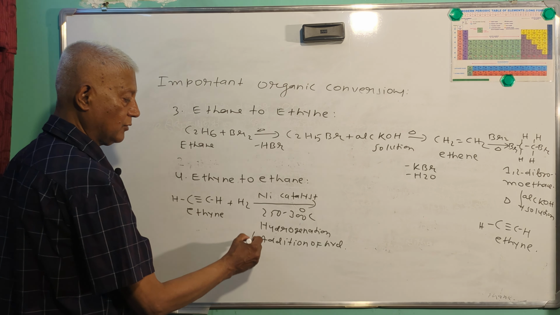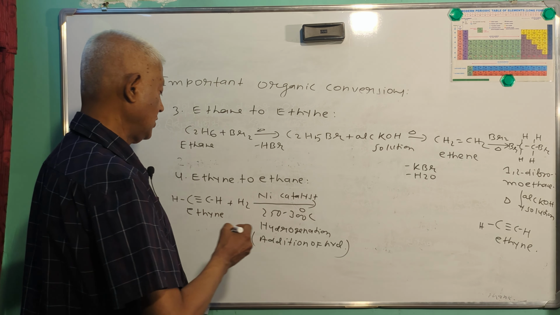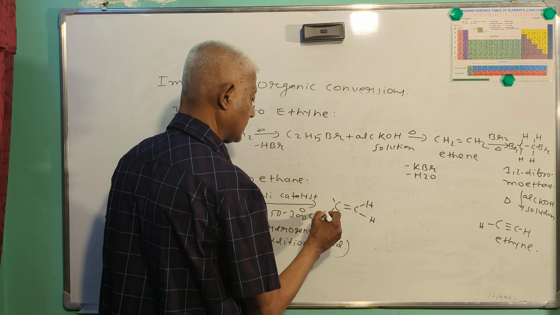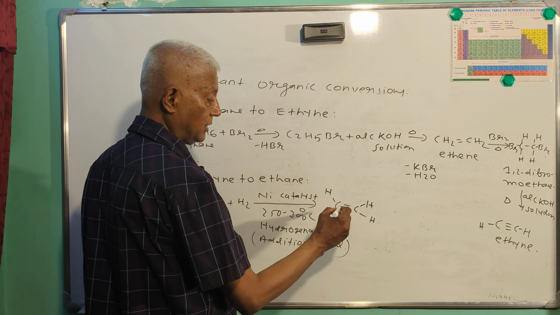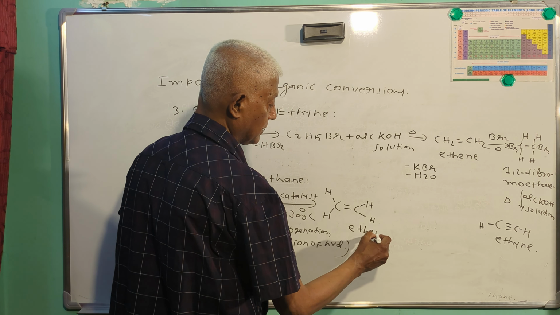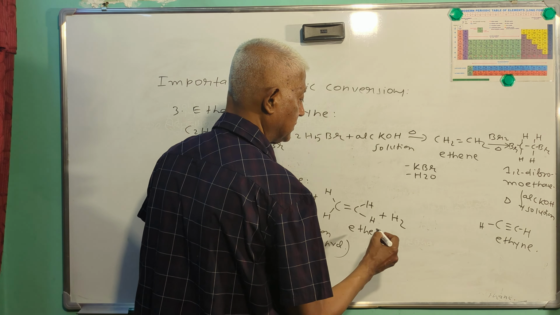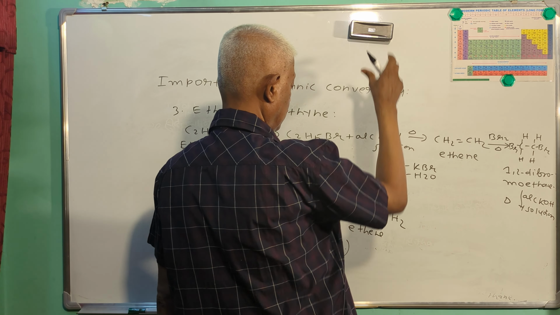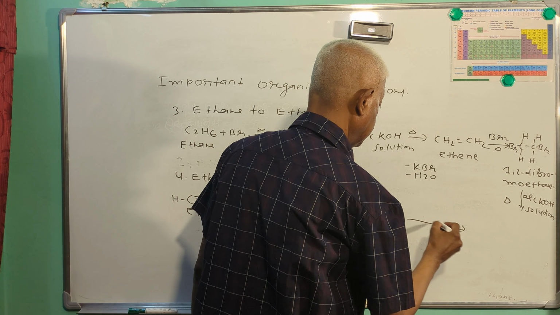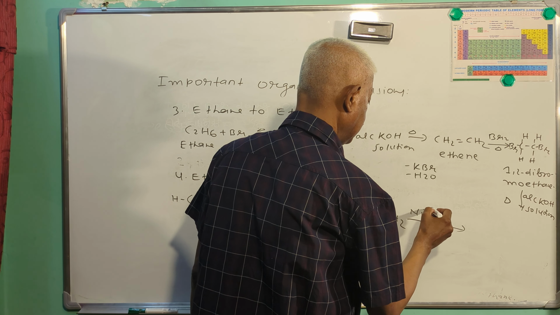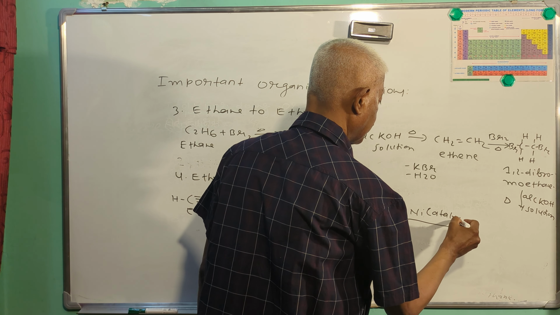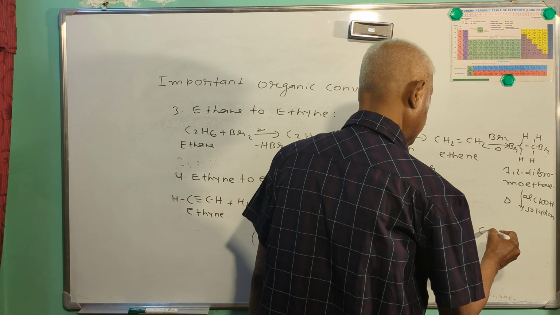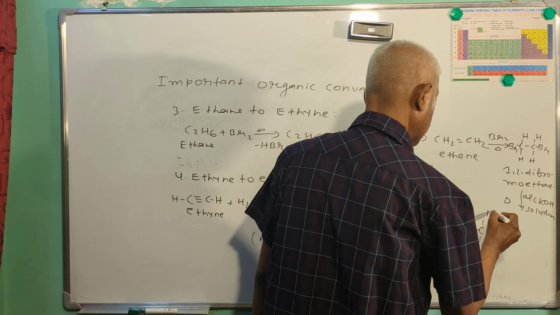At first the triple bond goes to a double bond, and we get ethene. Now that is further treated with H2, the same reagent, nickel catalyst, 250 to 300 degrees centigrade.